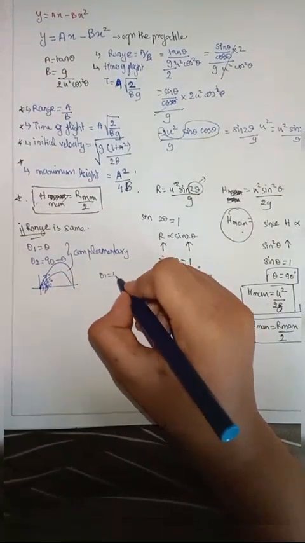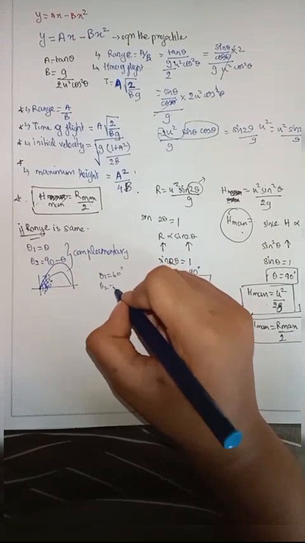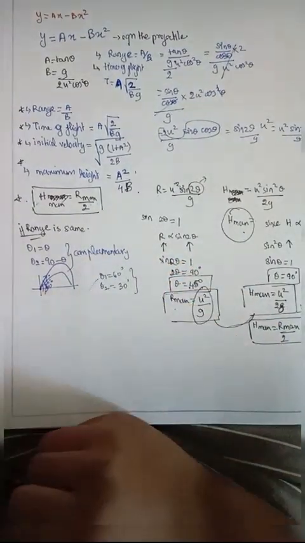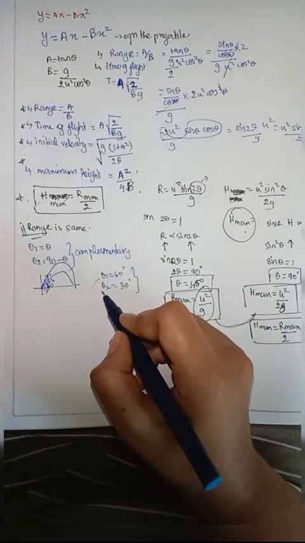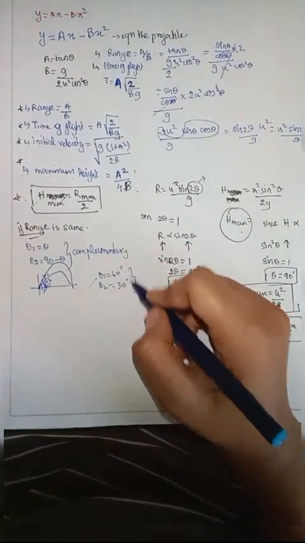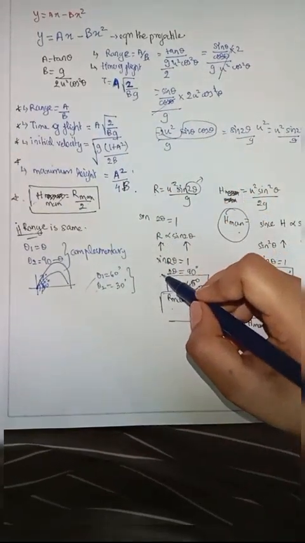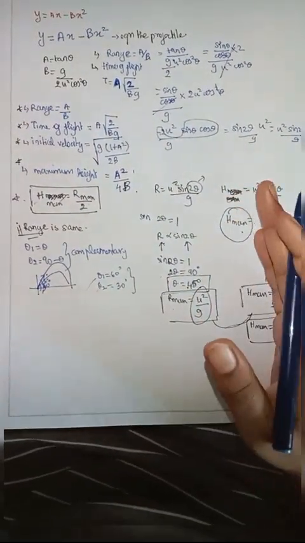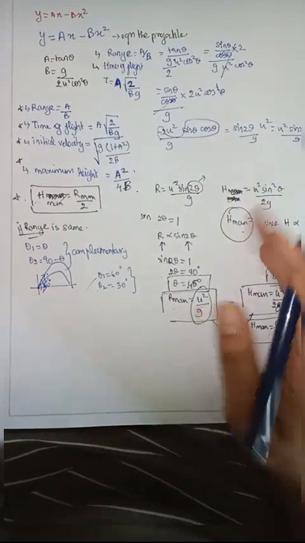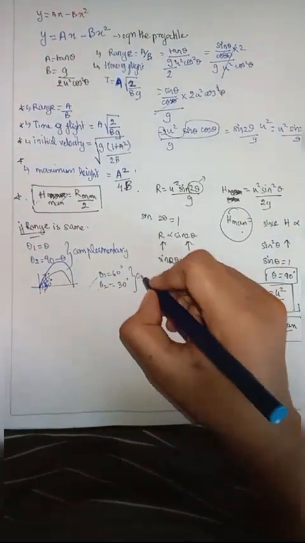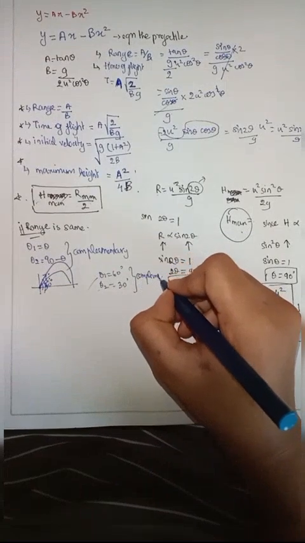If theta 1 is 60 and theta 2 is 30, since these two are complementary angles, the projectile follows its path and the object will fall at the same distance for both persons.